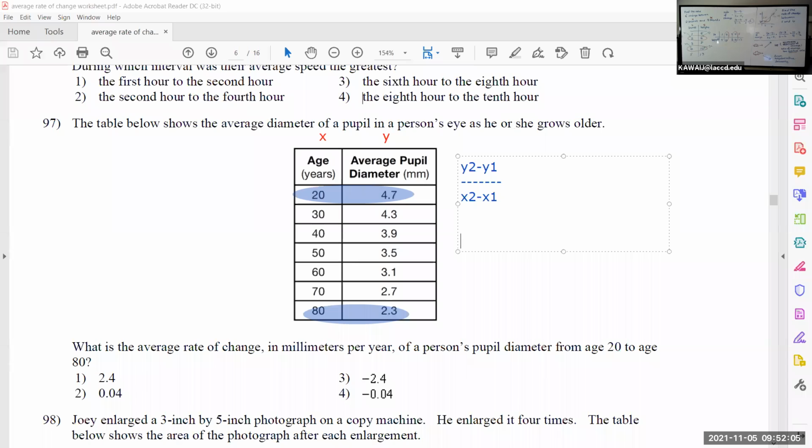Okay, so we have 4.7 minus 2.3. Excuse me. All over 60. Oops, I'm sorry, I should do 80 minus 20.